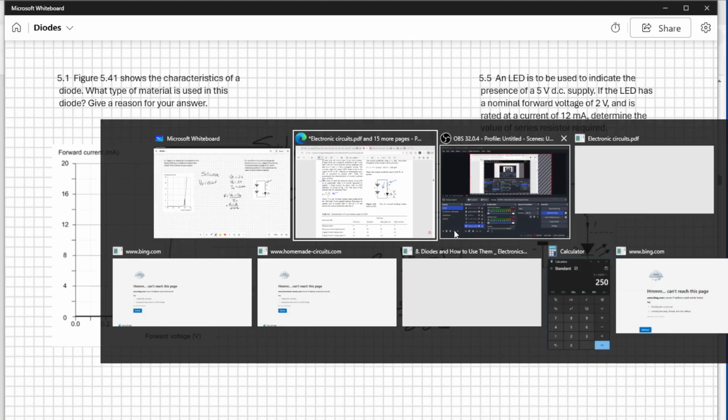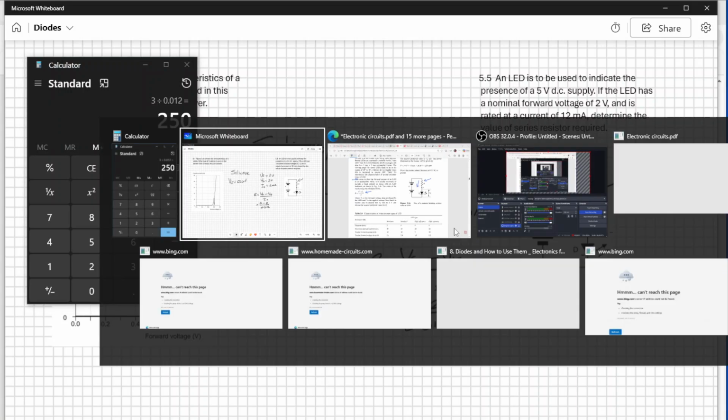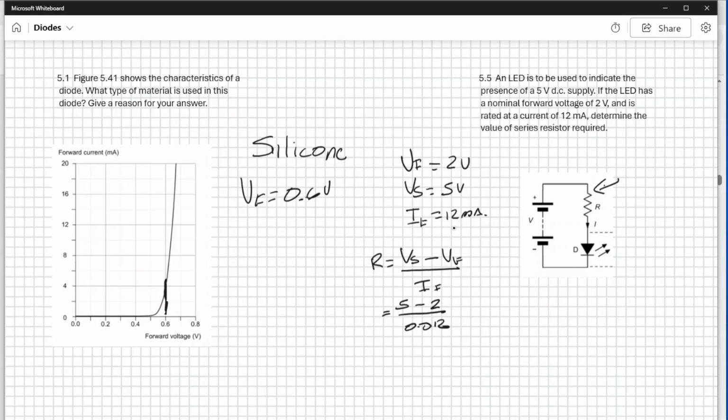So let's go ahead and bring up the calculator. So that's 5 minus 2, that's 3, divided by 0.012, and we need a 250 ohm resistor in order to limit the current flowing in the circuit to 12 milliamps.